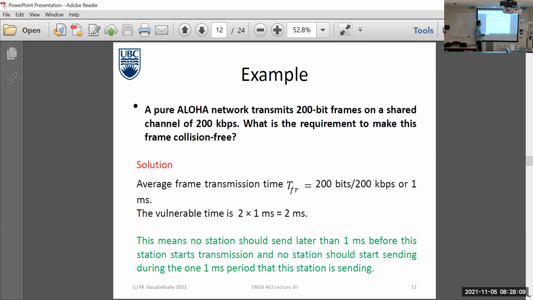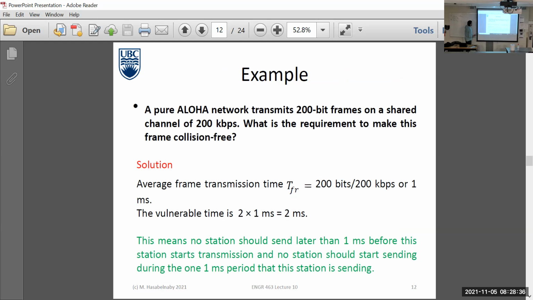We have a pure ALOHA network. We transmit 200 bits on a shared channel with a data rate of 200 kilobit per second. So what is the requirement to make this frame collision free? At first, I want to calculate the transmission time for the frame.